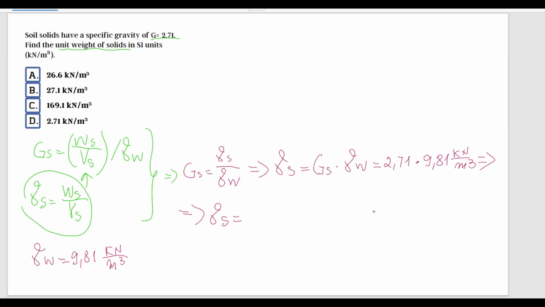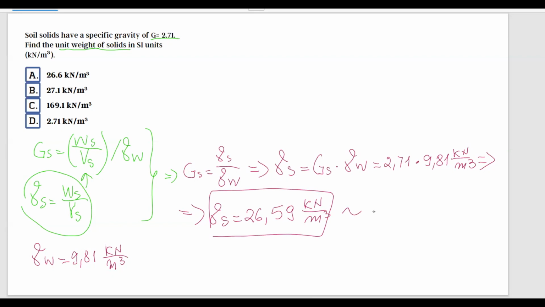And always please use your calculators with me. I'm going to have 2.71, 9.81 multiplied. And this gives me a value of 26.59 kilonewton over meters cubed.